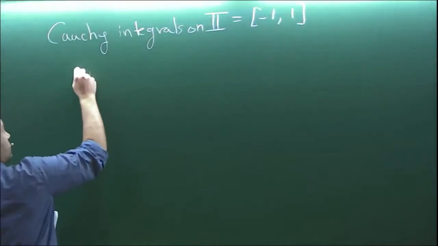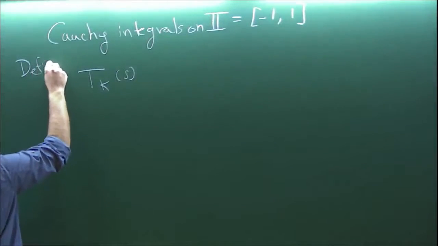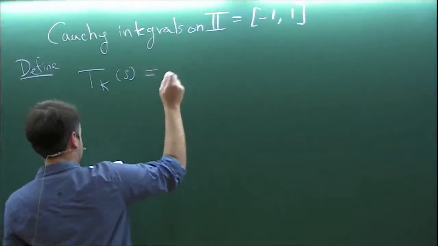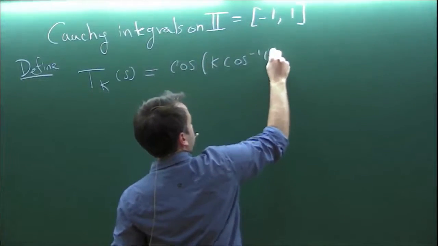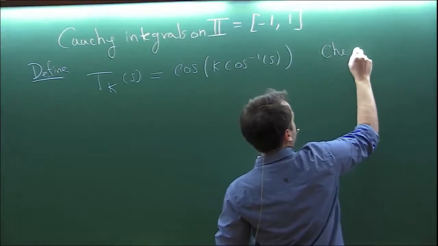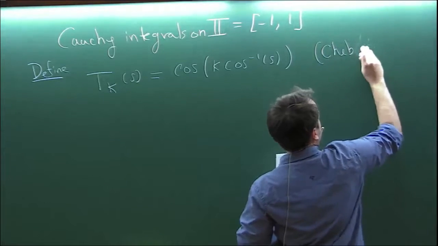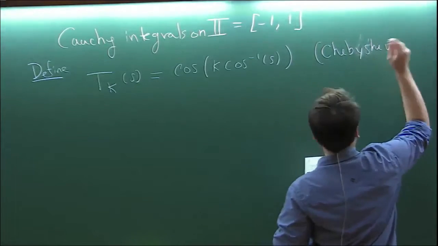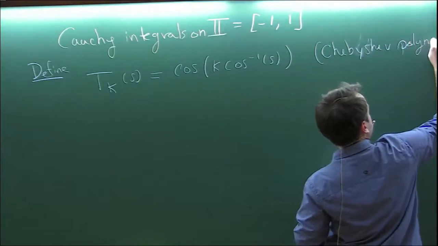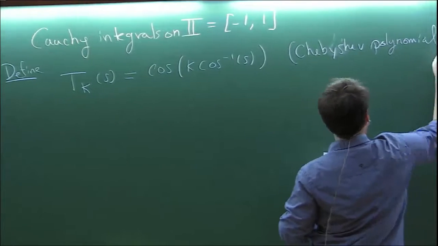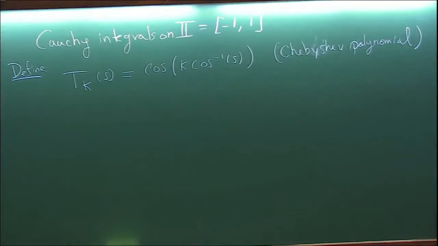First thing I'm going to do is define T_k of s, which is cosine of k times cosine inverse of s. This is a so-called Chebyshev polynomial, of the first kind, but that doesn't really matter. It's a non-trivial fact that this is actually a kth degree polynomial in s.